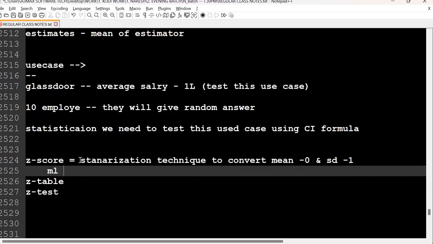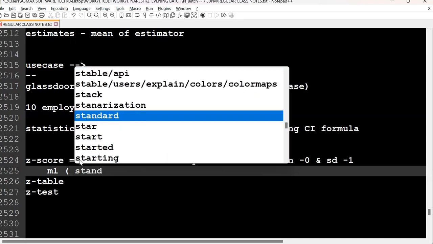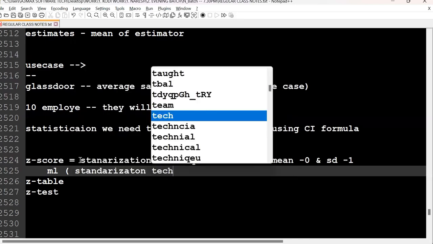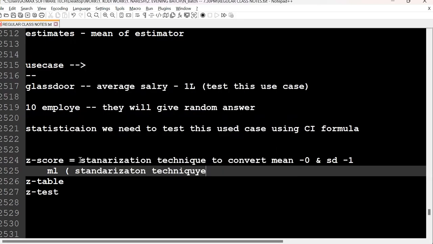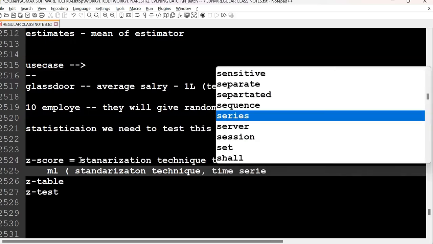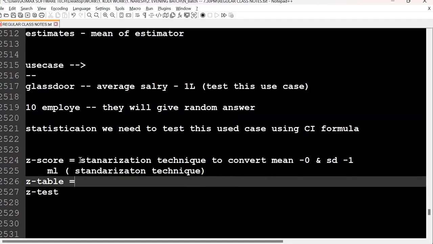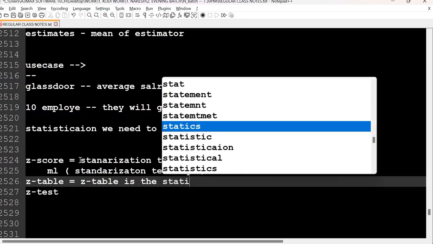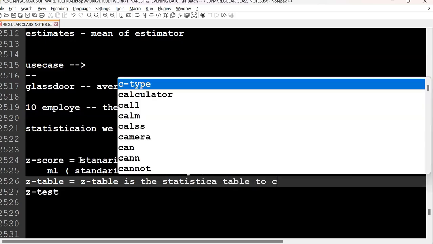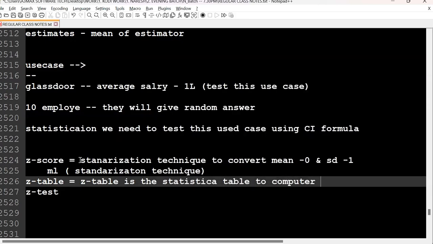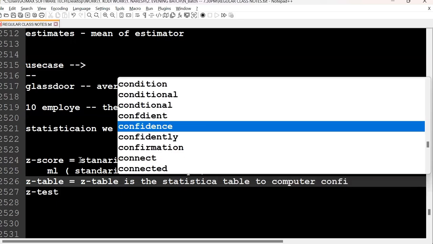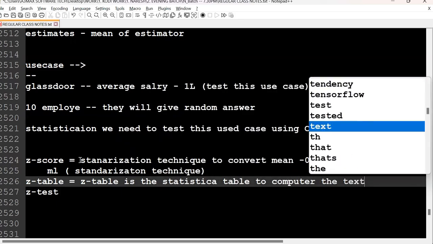In machine learning, we can use it as a standardization technique. Understand, team? In time series, we call this white noise, but time series I'll explain later. Z table. The Z table is the statistical table to compute the confidence, to compute the Z test.